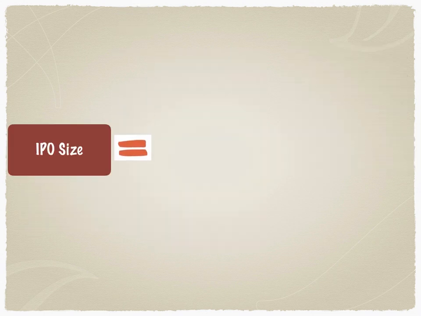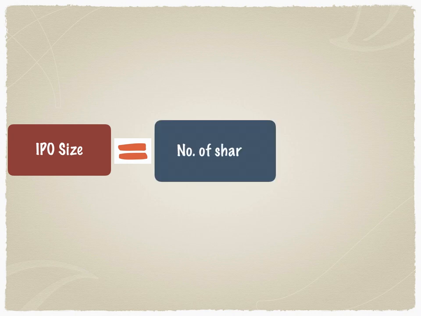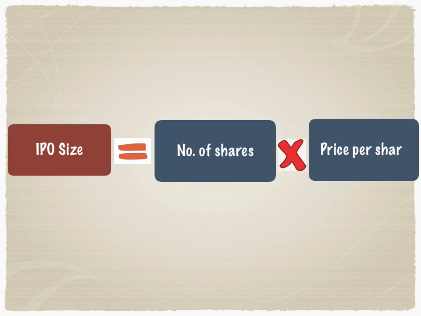IPO size. How does the company and the investment banker working with the company determine what should be the size of the IPO? So they first make up their plans, they decide how they're going to use the money, what is the appetite of the investor for the shares of the company, and in simple accounting language, the IPO size is nothing but the number of shares multiplied by the price per share.